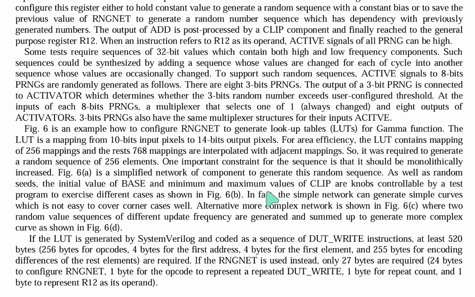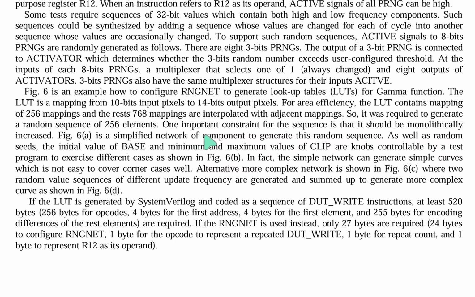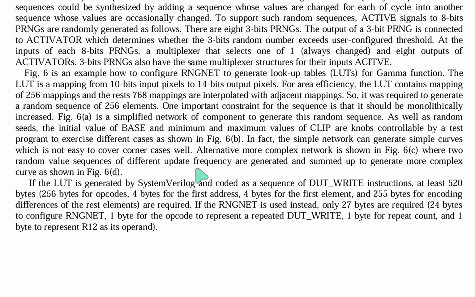In fact, a simple network can only generate simple curves, which is not easy for covering corner cases well. Alternatively, a more complex network is shown in figure 6, where two random value sequences of different update frequency are generated and summed up to generate a more complex curve, as shown in figure 6d.